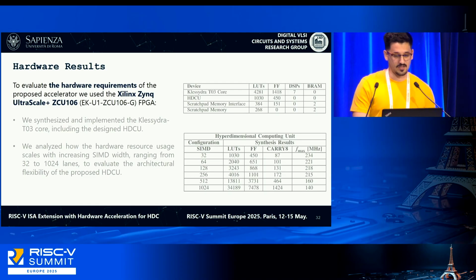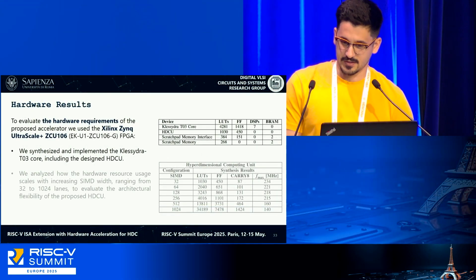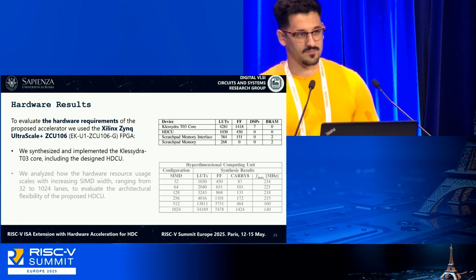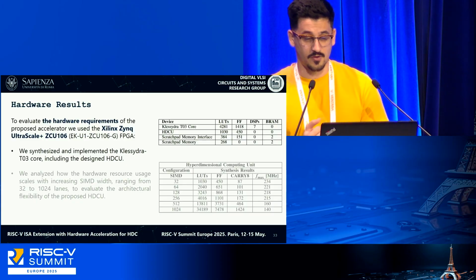To validate our design, we implemented the Klessydra-T03 with the Hyperdimensional Computing unit on an FPGA board. As we can see from the top table, the hardware resources required by the design are very low, because Klessydra is a RISC-V core designed for IoT.